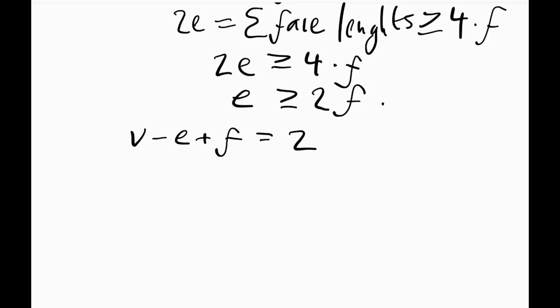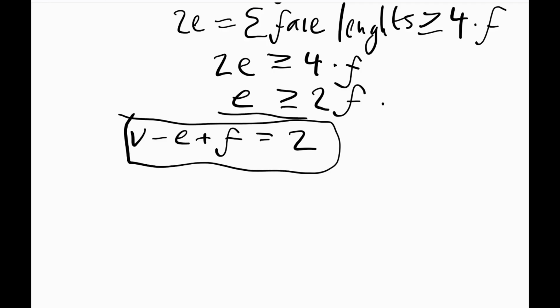What we want in the end is the relationship between the number of vertices and the number of edges, namely the maximum number of edges in a triangle-free planar graph. So it's important to integrate this equation into this inequality.